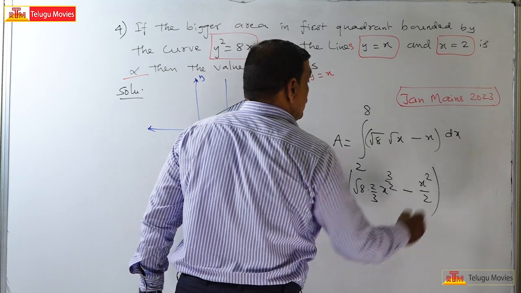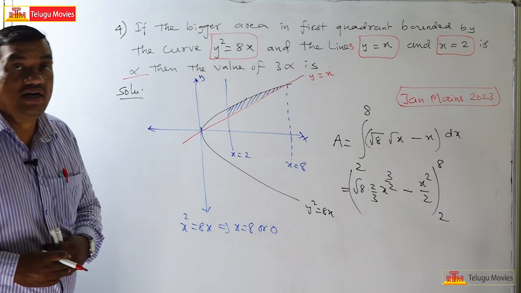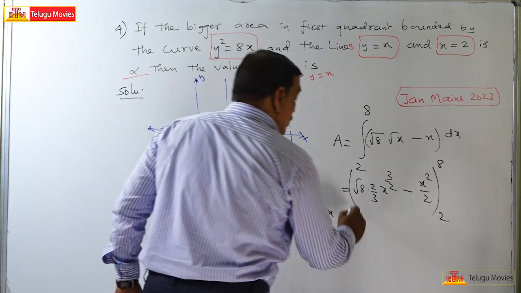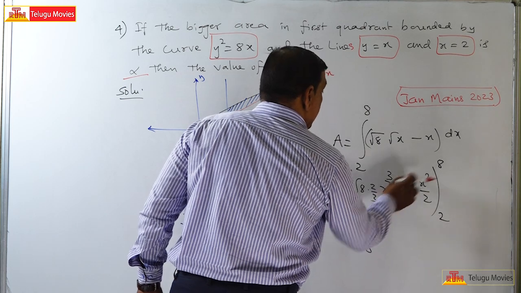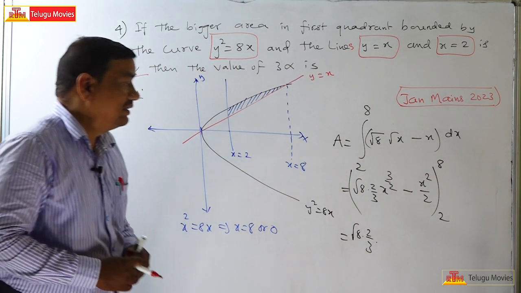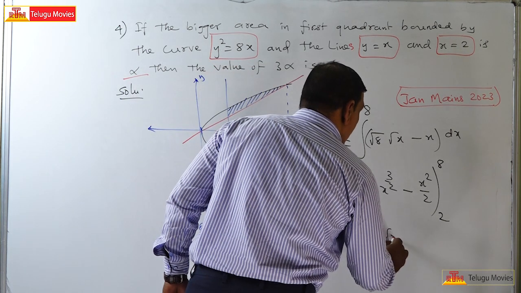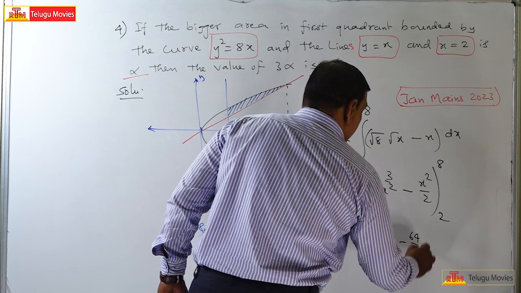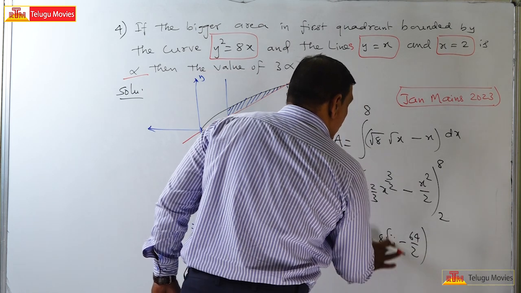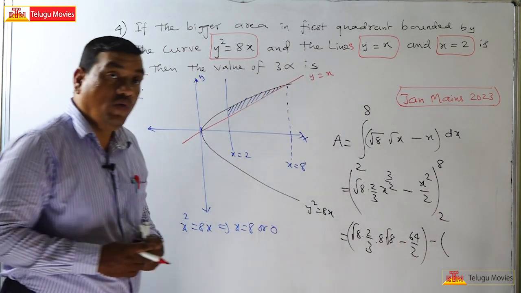So this is equal to the limits from 2 to 8. Understand? So this is equal to root 8 into 2 by 3 into x to the power of 3 by 2, upper limit 8. 8 to the power of 3 by 2 means 8 root 8. 8 root 8 minus 8 square, 64 by 2, minus the lower limit.